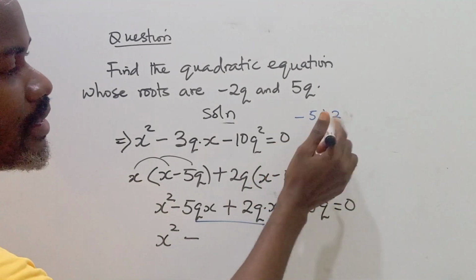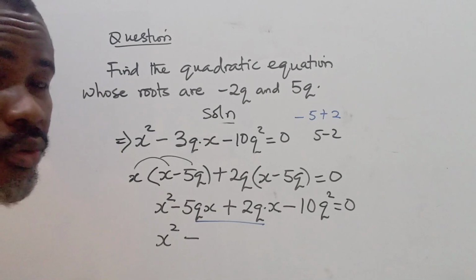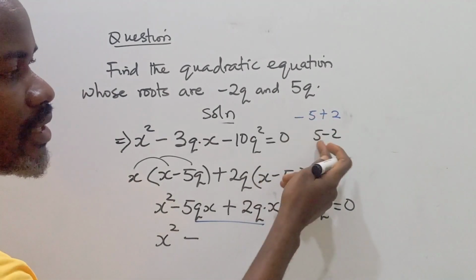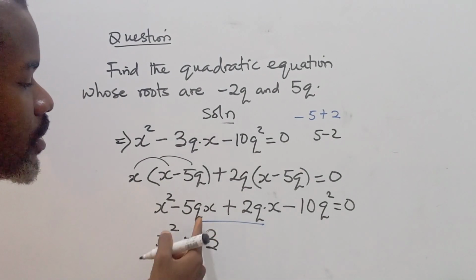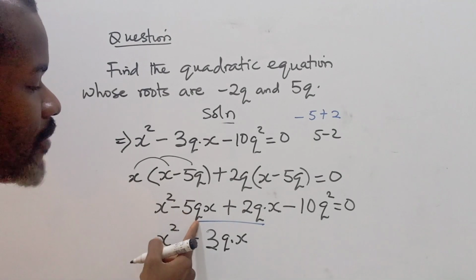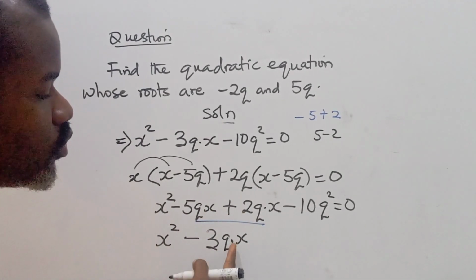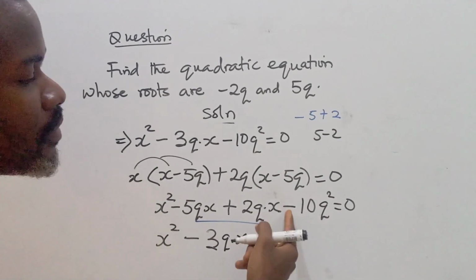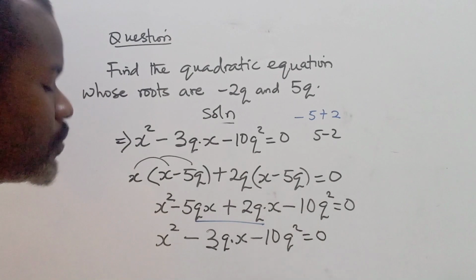Since the signs are not the same, we subtract the numbers. That's the rule. 5 minus 2 is 3. So minus 5qx plus 2qx gives minus 3qx, and we have minus 10q squared equals 0.